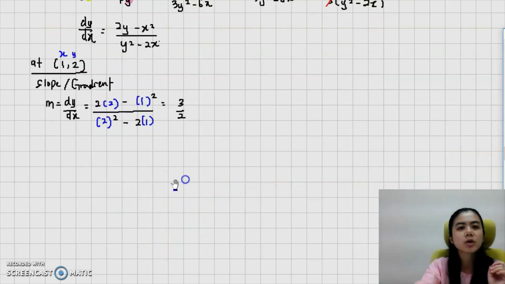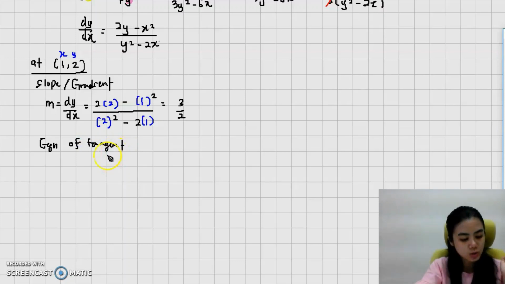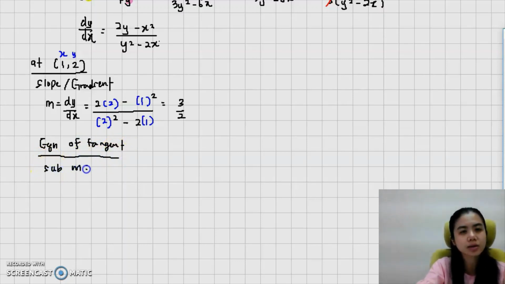Then we continue our step to find the equation of the tangent, which is very direct. What you need is the slope. You're going to substitute the slope, 3 over 2, and the coordinate (1, 2) into y equals mx plus c.